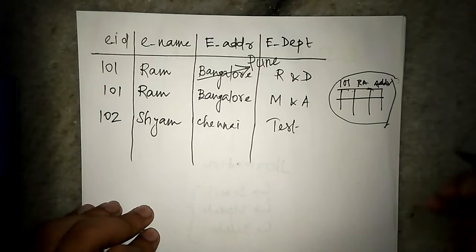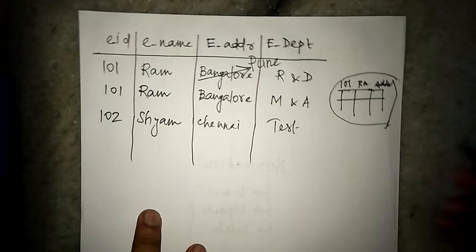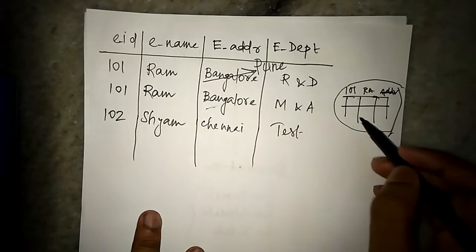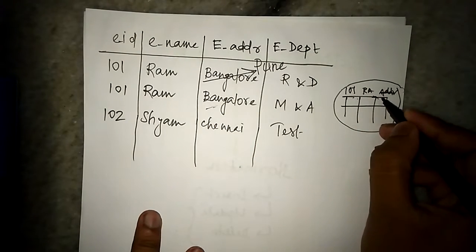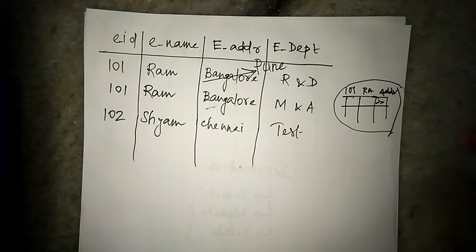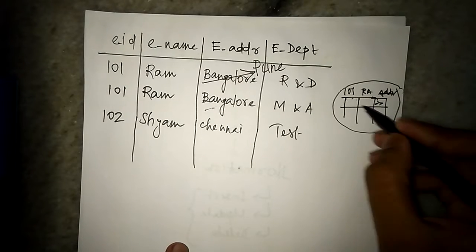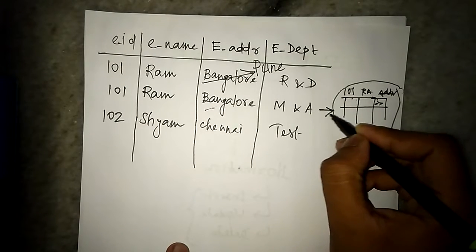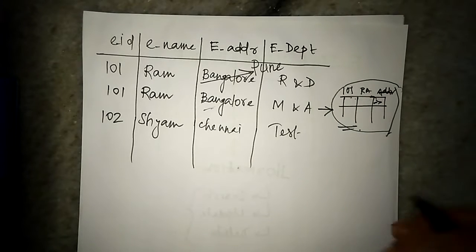So we do not have to change it again here. We just have to change Bangalore to Pune in the address, and it will be reflected. That's why we come to this normalized table form. This is called update anomalies.